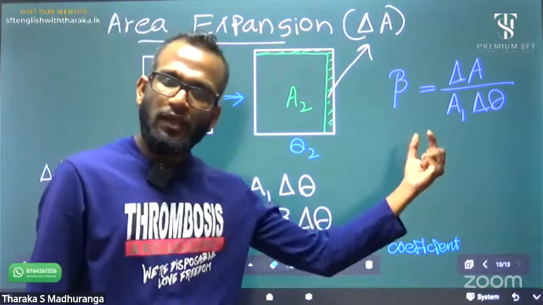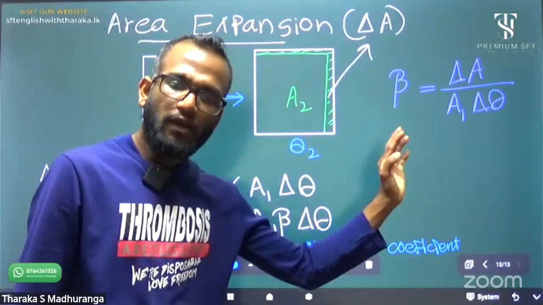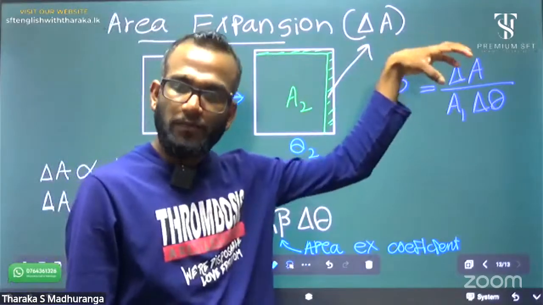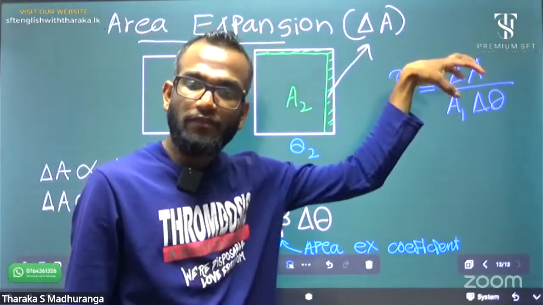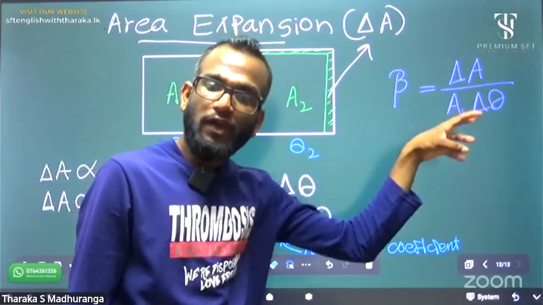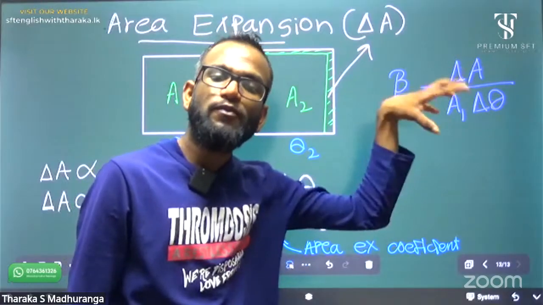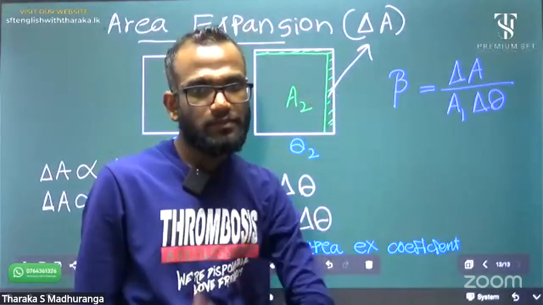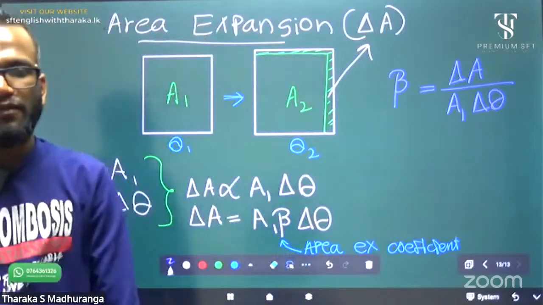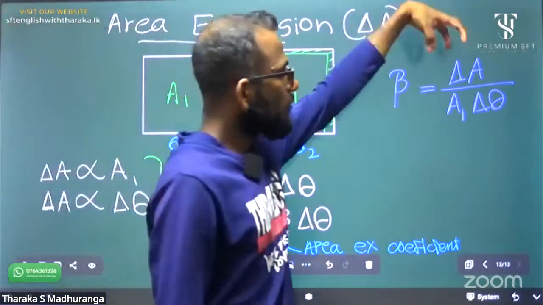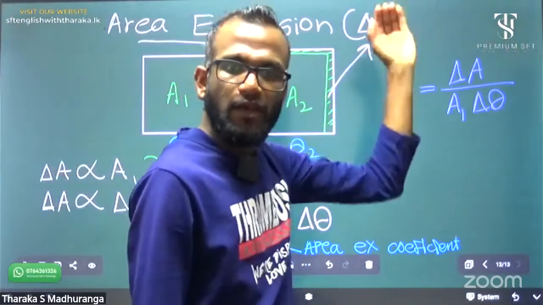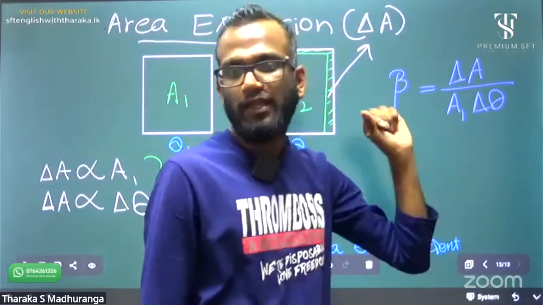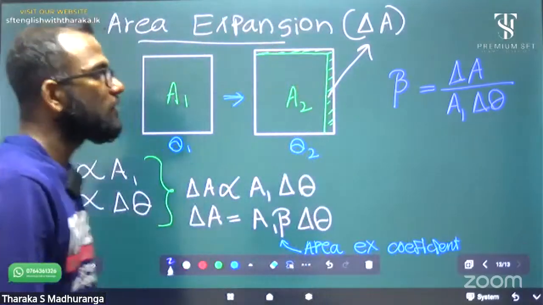The area expansion coefficient beta is the increase in area delta A of any substance of unit area while increasing the temperature by 1 degree or 1 unit. Always the dividing factors become 1.